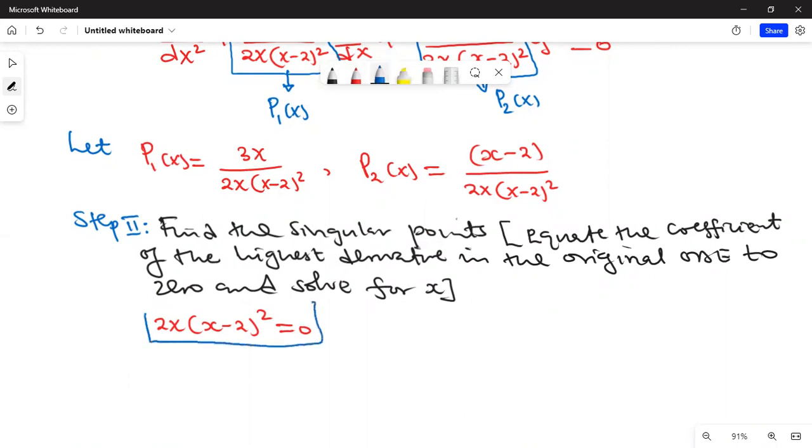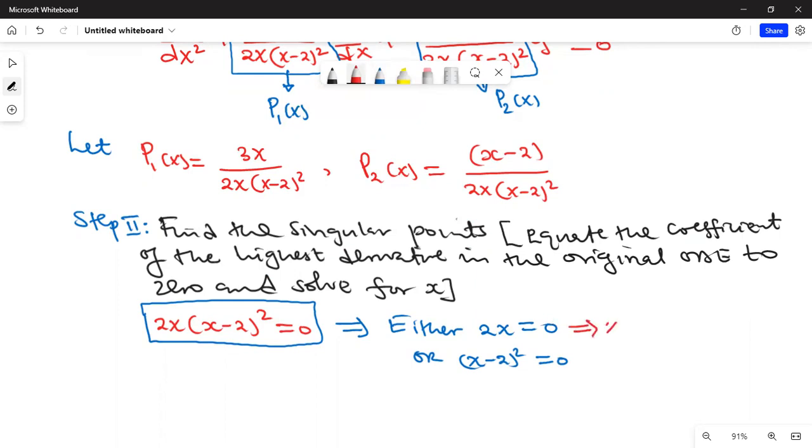This means that either 2x is equal to 0 or (x minus 2) squared is equal to 0, from which we get x is equal to 0, and this other one will give us x is equal to 2.